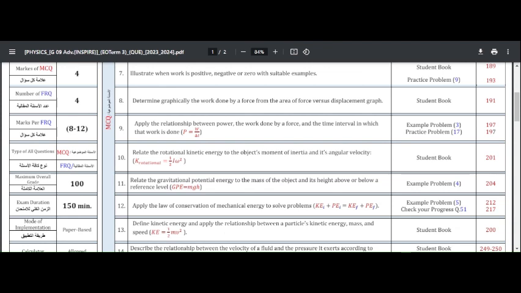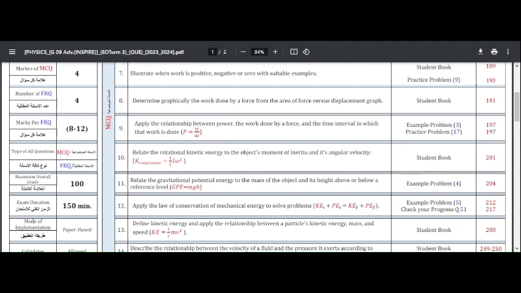Another kind of situation could be like, they can say that a stone is thrown upward and it goes to a certain height. So they can ask you, what is the work done by the force of gravity when the stone is moving upward while it is in flight?